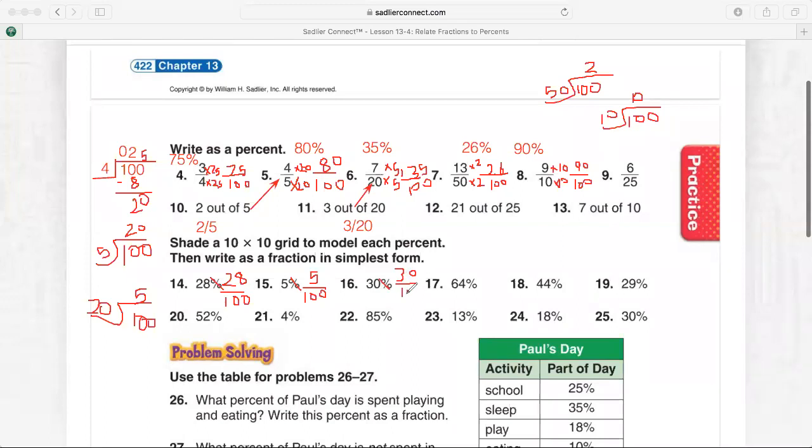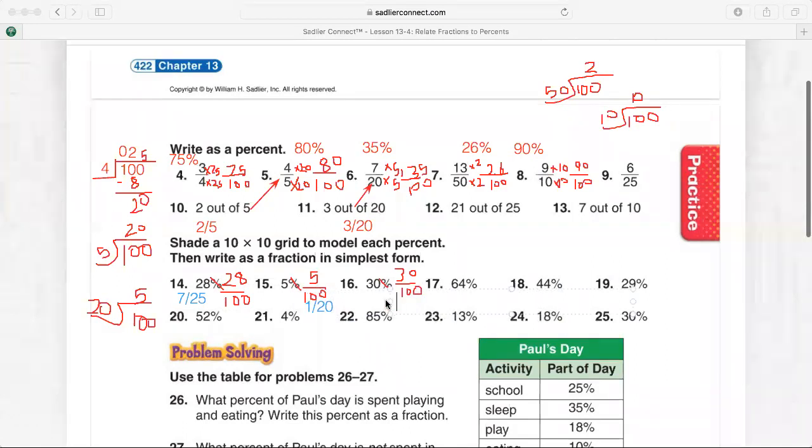And of course, I'm going to simplify. Of course, I have to simplify. When I simplify here, number 14, it will be 7 over 25. When I simplify here, I will divide 5 up and down, so it will be 1 over 20.